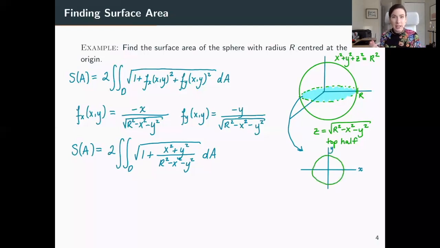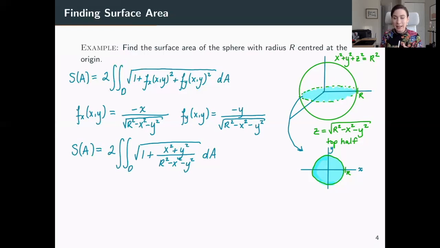So that circle is going to be the projection of the top half of the sphere down onto the XY plane. And this circle, we know, has a radius of big R. So because we know that radius, now we can see that our domain is a circle.